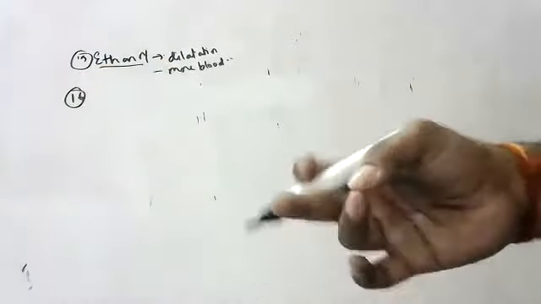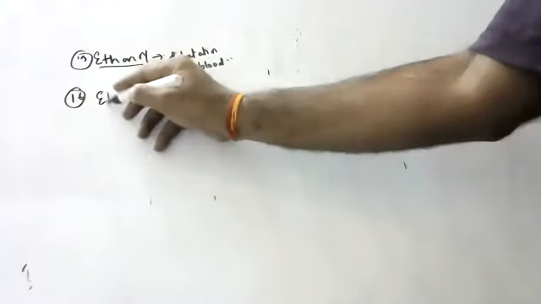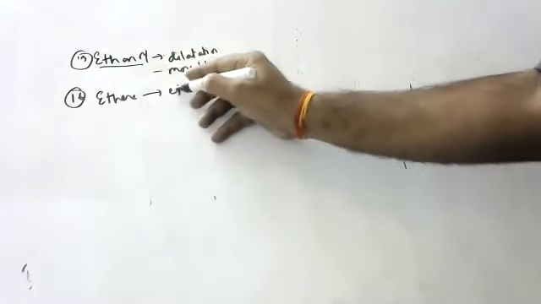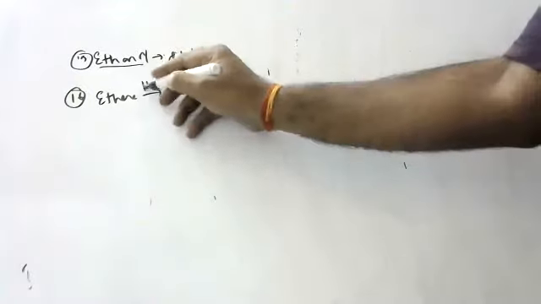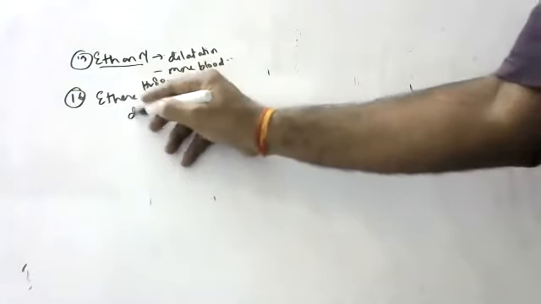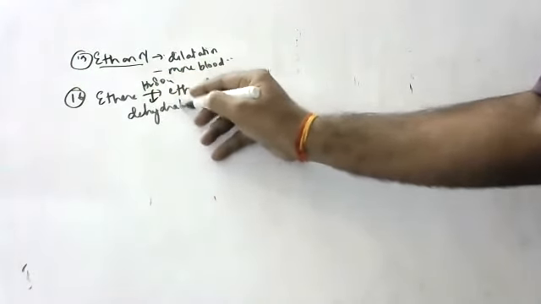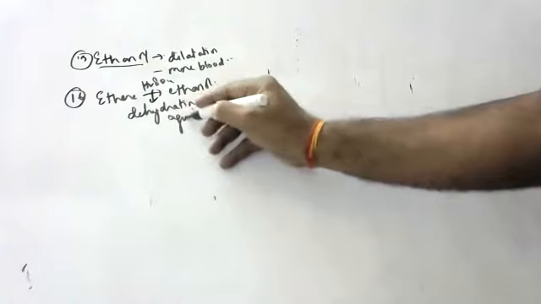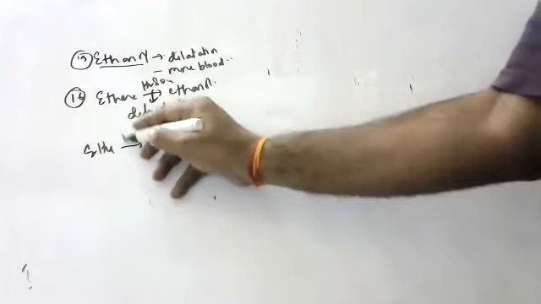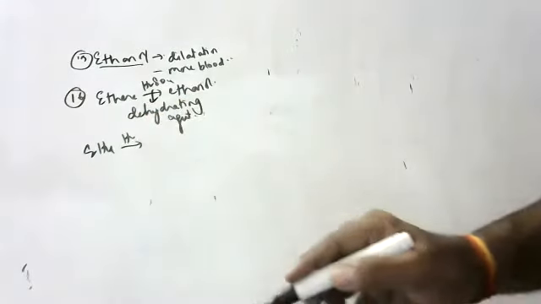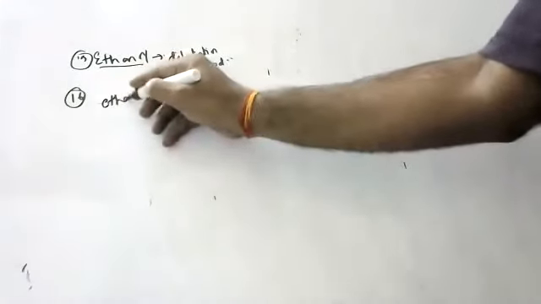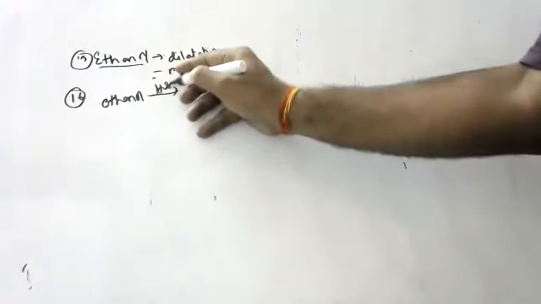See, what is the function of sulfuric acid in ethene to ethanol? Sorry, it is from ethanol: on heating with sulfuric acid, you'll get ethene.